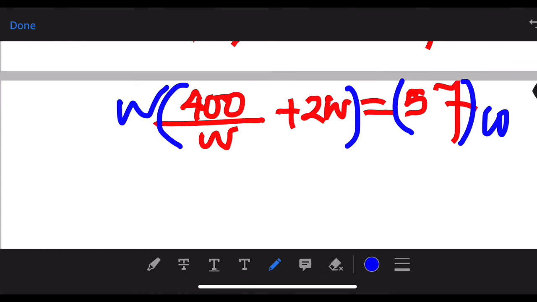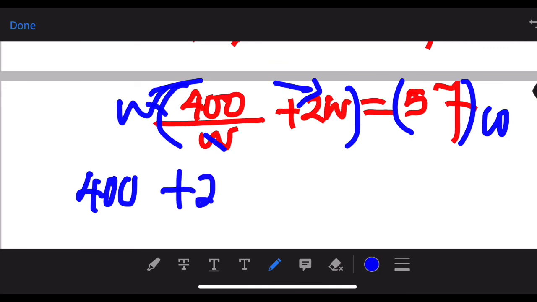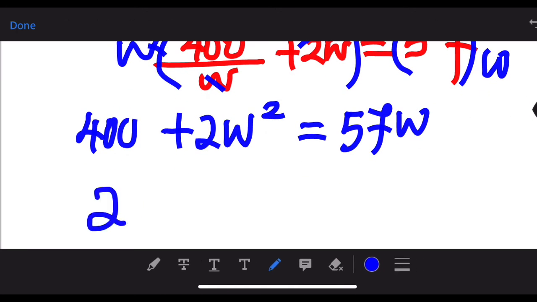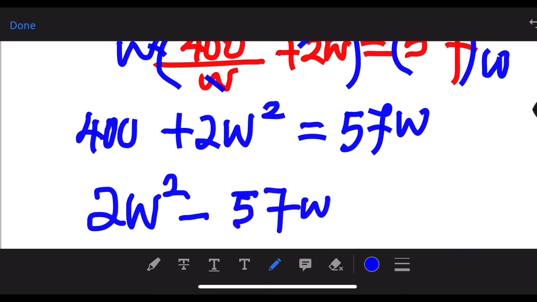Easy, right? So I have 400 plus 2W squared is equal to 57W. Now you have to rewrite until you can see a quadratic.